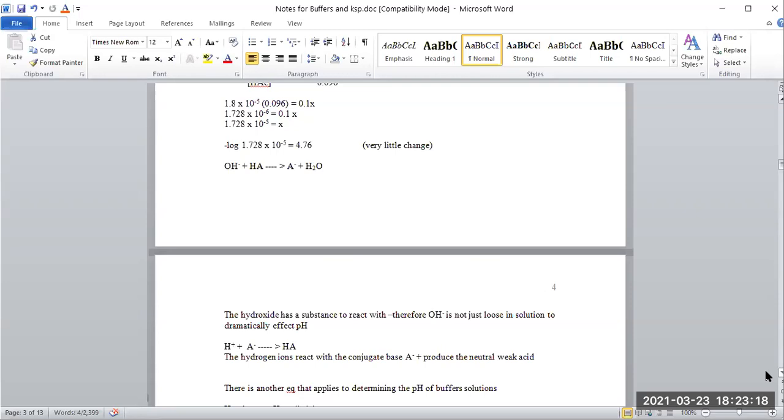The hydroxide reacts with your unionized acid. Okay, it doesn't just dangle around in solution. The OH actually does a reaction. But because it follows Le Chatelier's, it's going to change the pH and change the concentration of things that are on the right-hand side.